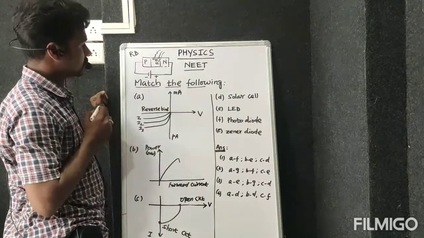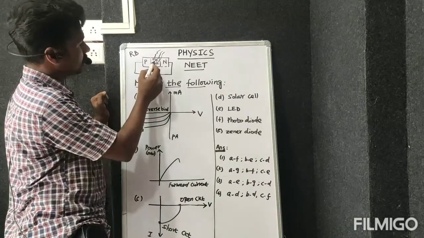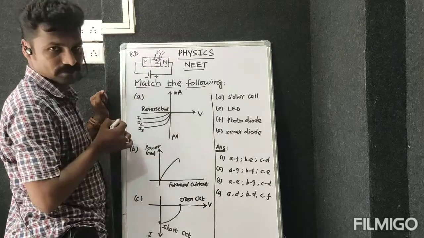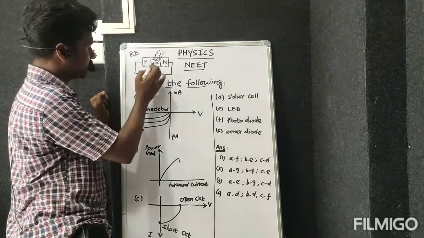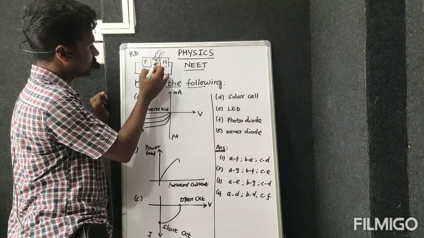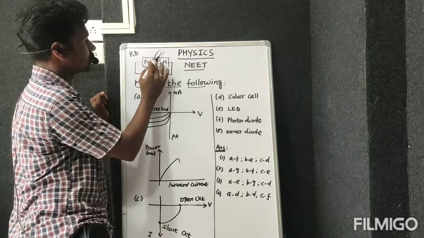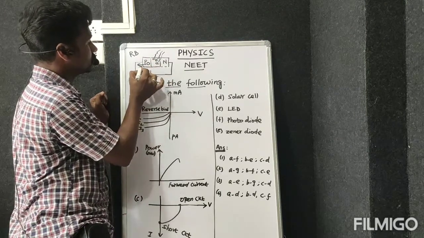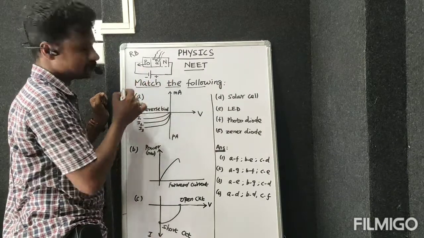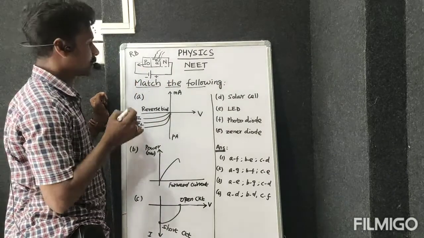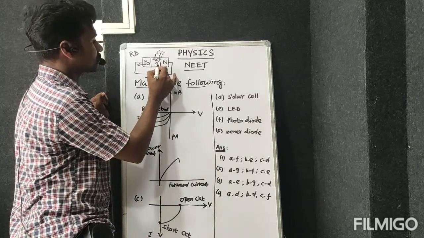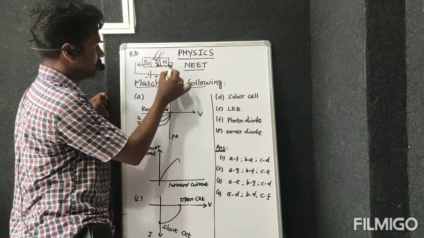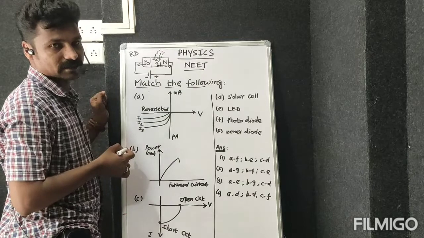In this reverse bias condition, electron and hole pairs will be generated. So the holes move towards the negative terminal of the battery, as well as electrons move towards the positive terminal of the battery.